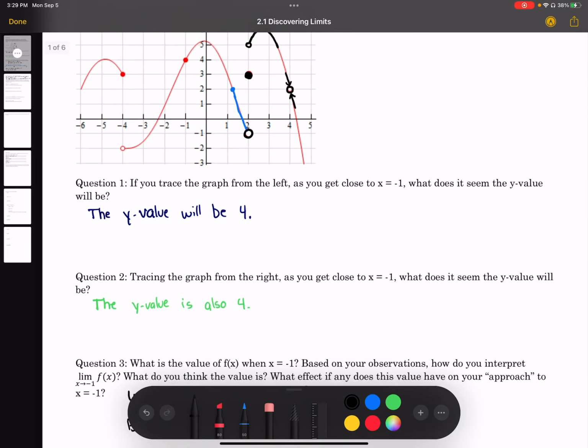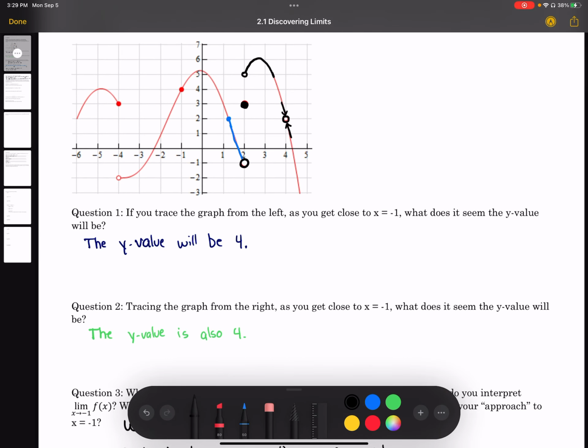So in these 3 examples that we used, in one case the limit and the function value were the same thing. In the second example, the limit didn't exist because the left and the right values approach different things and the function value was different. And in the last example, when x was approaching 4, the left and the right parts of the graph agreed to a common meeting point, but the function wasn't actually defined.